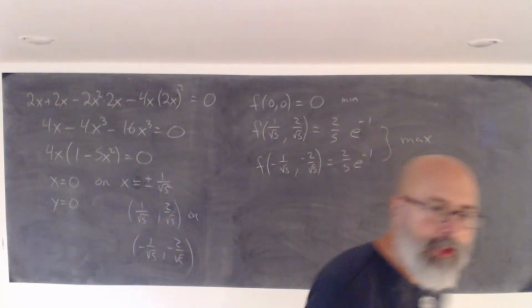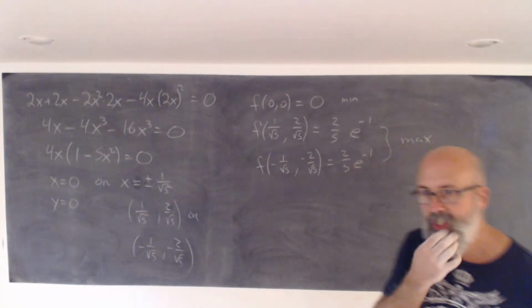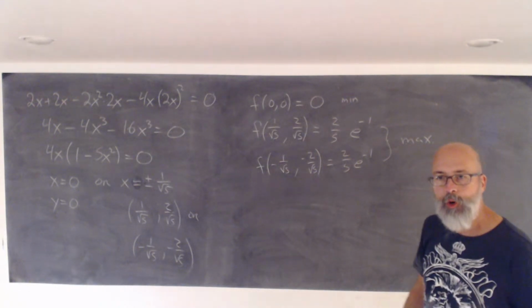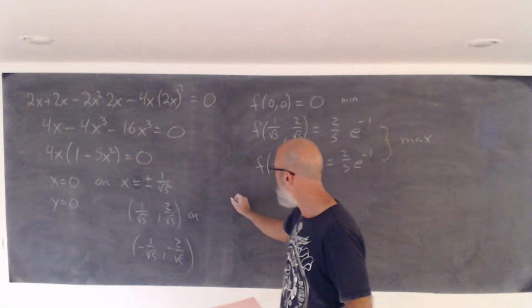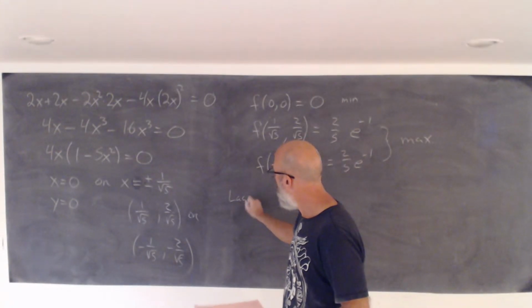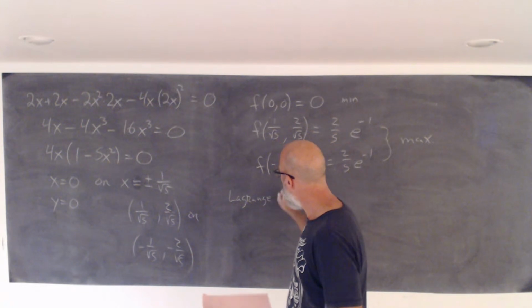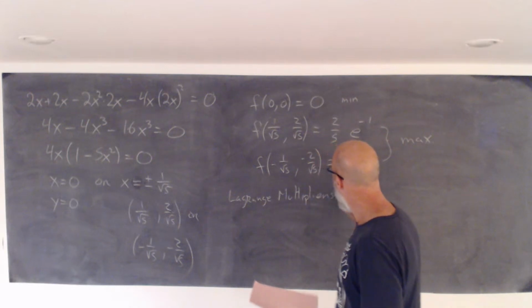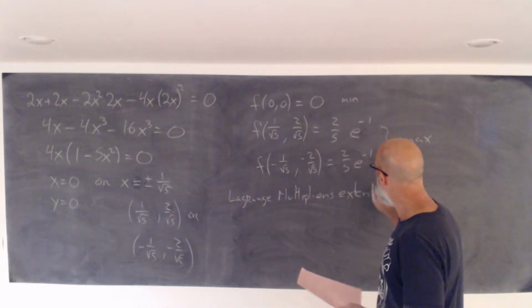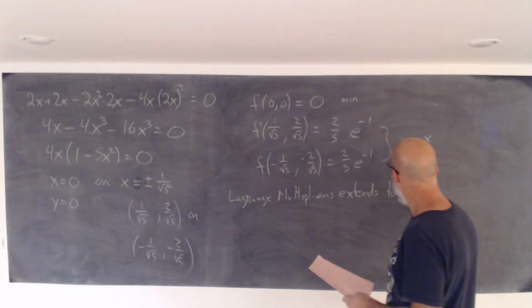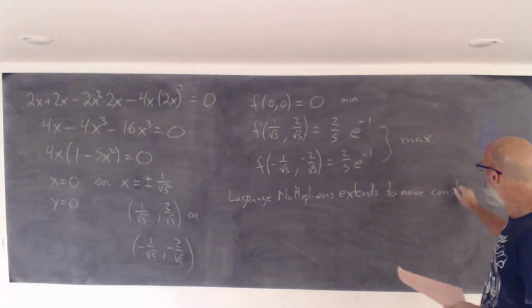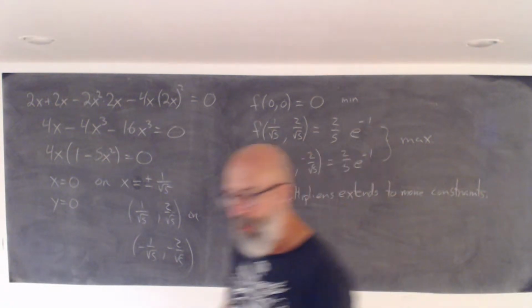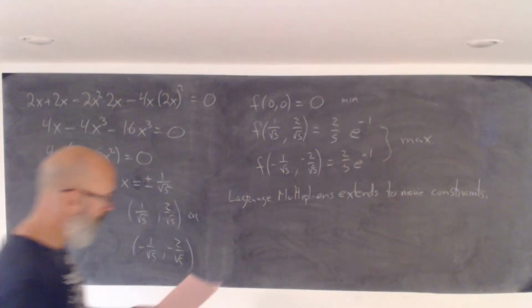Only to point out that this Lagrange multipliers business actually extends to more constraints, in the following way.